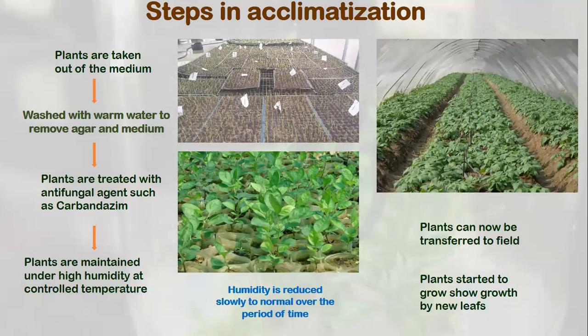Besides being antifungal, it has growth promotory activities also. It also strengthens the subsequent rooting during the acclimatization process. So this is one of the very important chemicals in the hands of the plant tissue culturist.